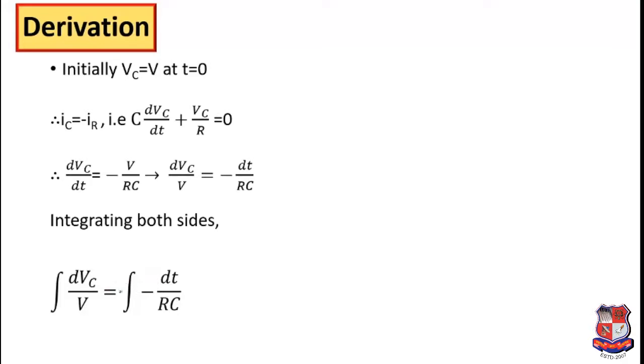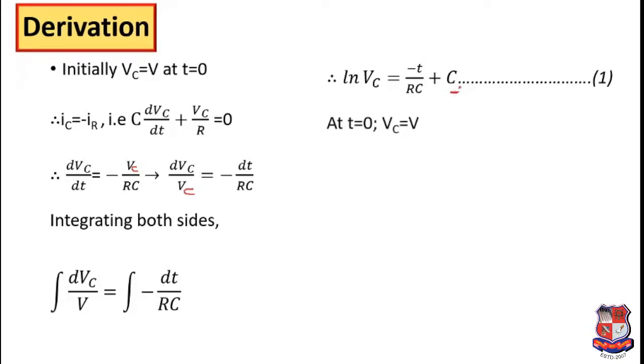So when you integrate both the sides, you will get this equation. This is very simple. When you integrate this, you will get ln Vc. Over here this is nothing but Vc, this is also Vc. So when you solve this, you will get ln Vc equal to minus t by RC plus constant C. We need to find this constant with the help of initial condition.